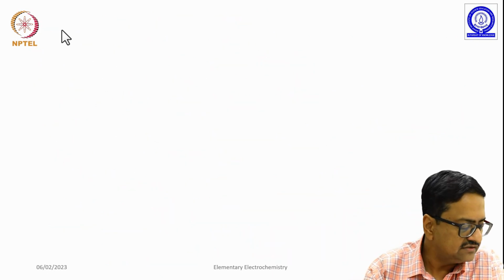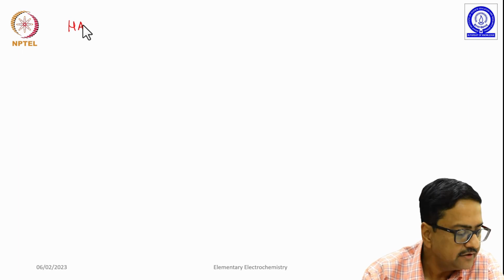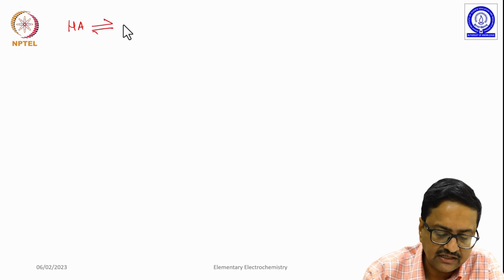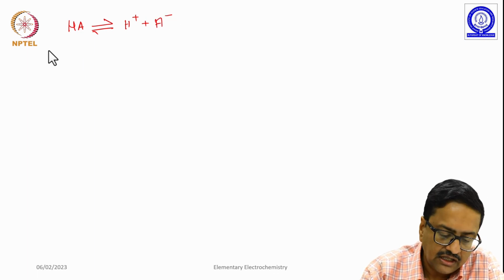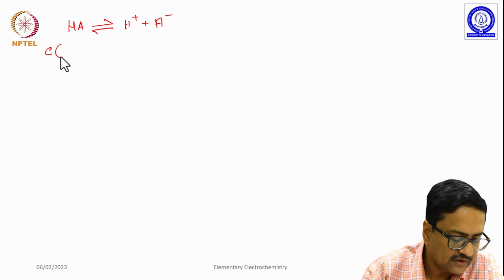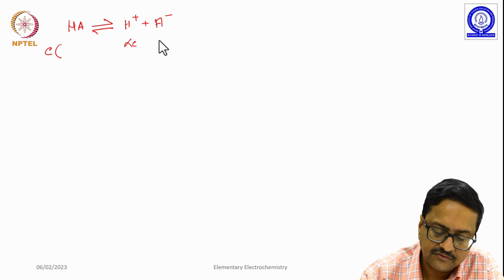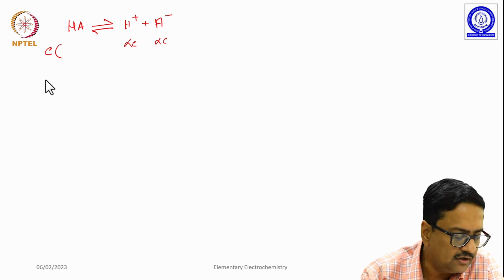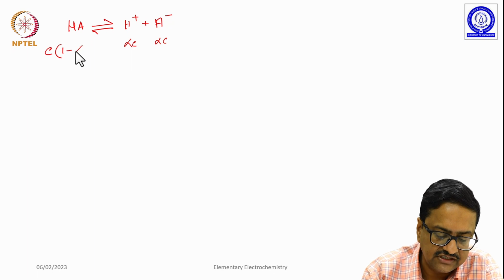So what we know is that if I have a weak acid HA, which is dissociating as H plus plus A minus at a concentration C, this is the concentration of H plus, this is the concentration of A minus, and this is the concentration of undissociated HA.